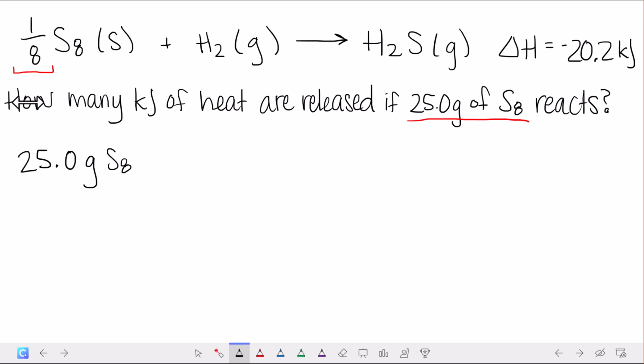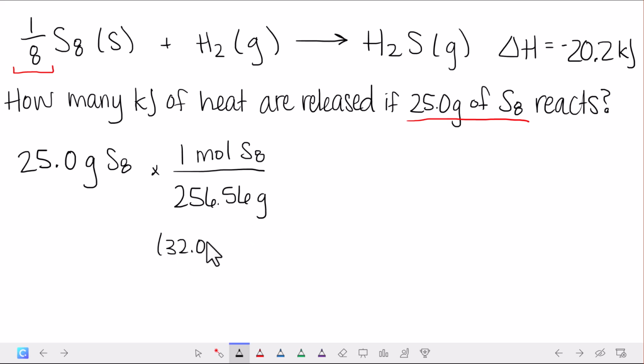So I want to figure out how many moles of sulfur this is. In 1 mole of elemental sulfur, I've got 256.56 grams. Again, that came from the atomic mass of sulfur times 8. So this conversion here will tell me how many moles of elemental sulfur I have.